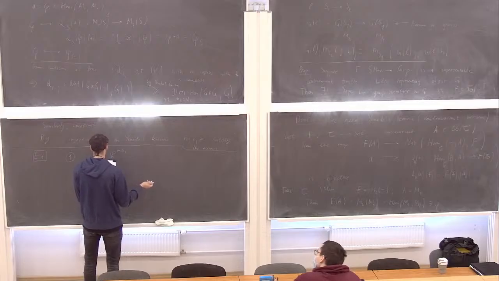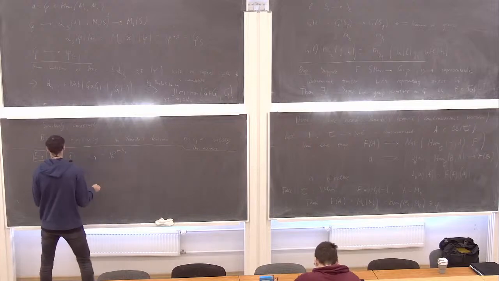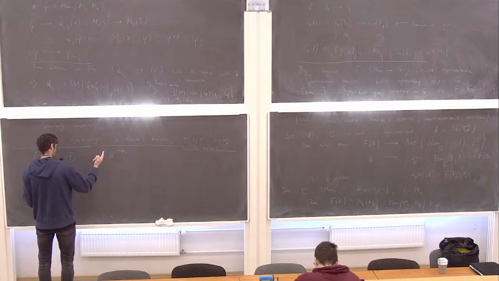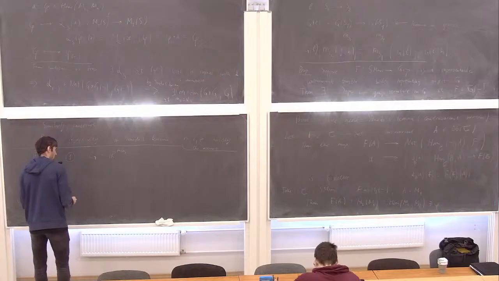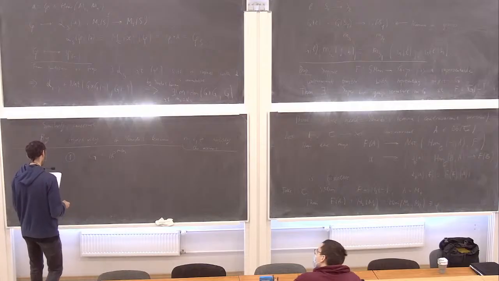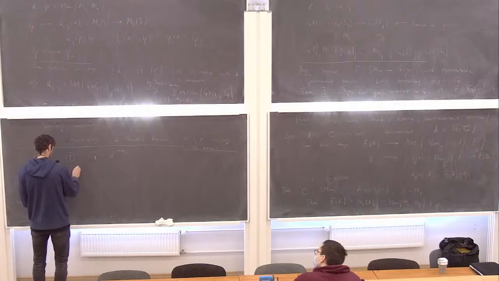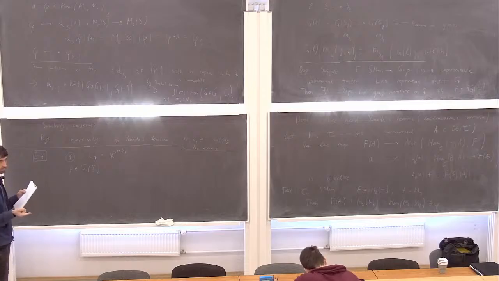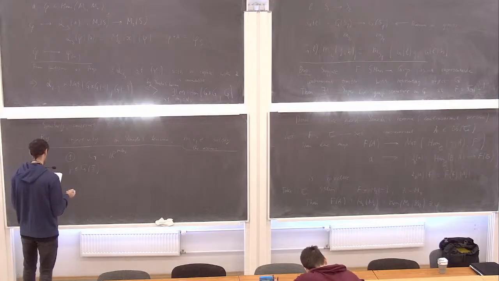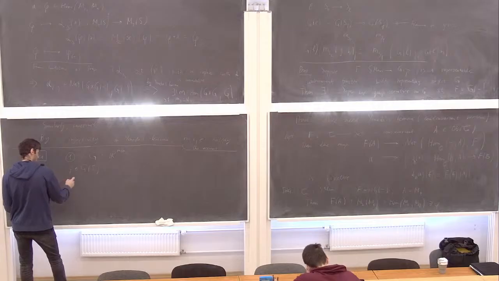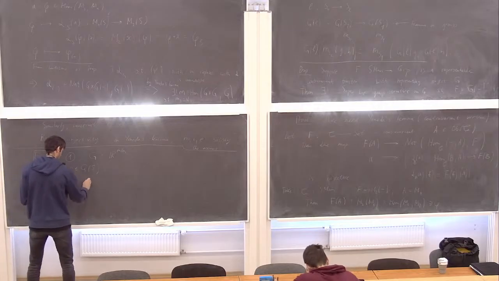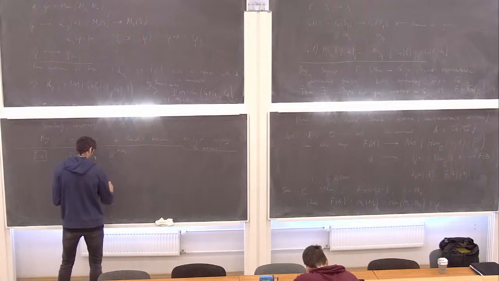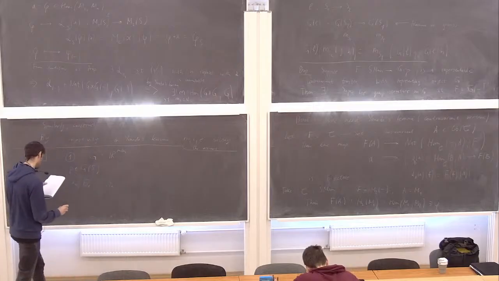So how does it work? I describe it using the functor of points. If I have P, an S-point of G, this is a morphism from S to R^{m|n}. I have coordinates on R^{m|n}, x1 through xm, theta 1 through theta n, right?